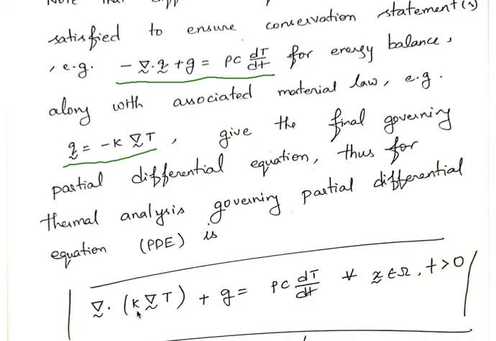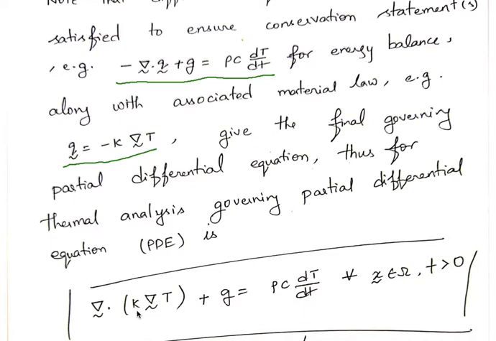For iron, it is about 50 watt per meter Kelvin. For copper, it is about 400 watt per meter Kelvin. Aluminium, it is about 170. For stainless steel, it is about 15.